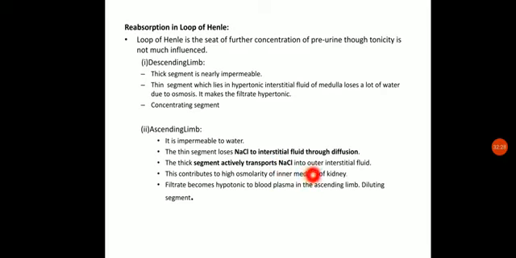This contributes to the high osmolarity of the intermedullary region of the kidney, because it releases a high amount of NaCl, so the interstitial fluid has a high concentration of NaCl, due to which the osmolarity of the inner medulla of the kidney is higher.